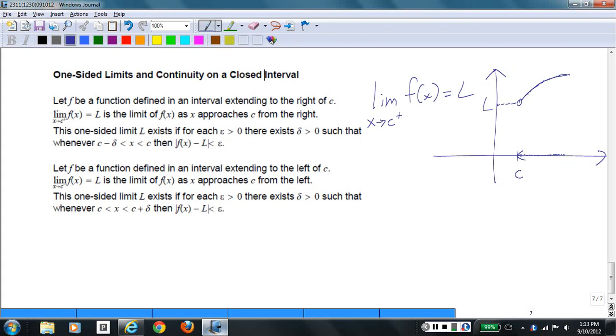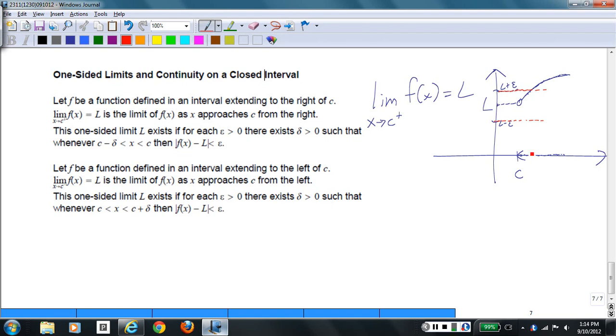Basically, it says for each epsilon greater than 0, so we're thinking L plus epsilon, L minus epsilon, and the horizontal lines that go with it. Let's go with red horizontal lines, right there and right there. There exists delta greater than 0. I'm thinking the delta probably would need to be, if I go to this point where this horizontal line intersects the function, if I scoot a little to the left of that, maybe I'll have a delta that works.